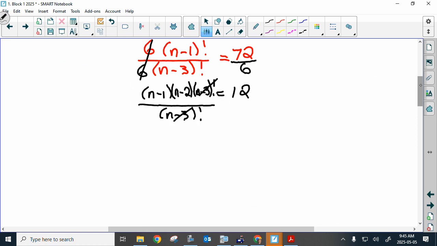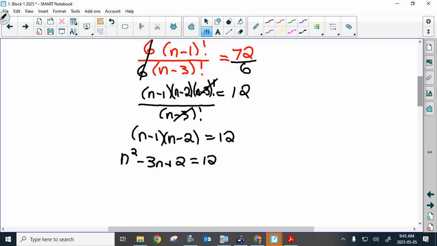Now that my factorials are canceled and gone, I'm solving a quadratic. So n squared minus 3n plus 2 equals 12. Get 0 on one side.